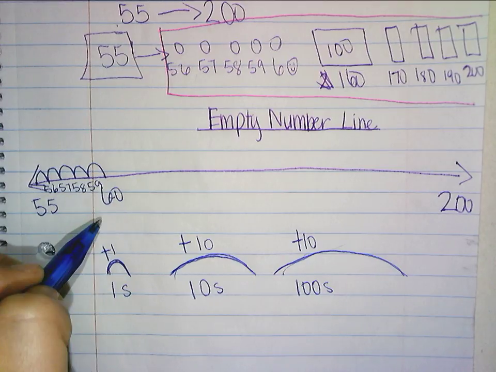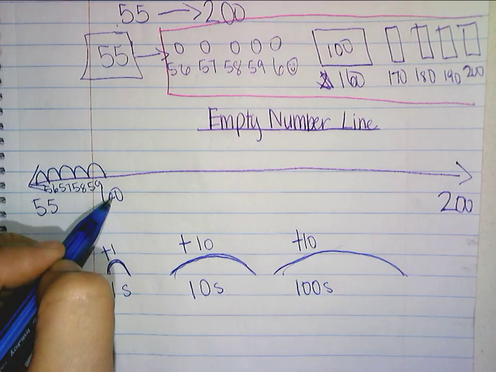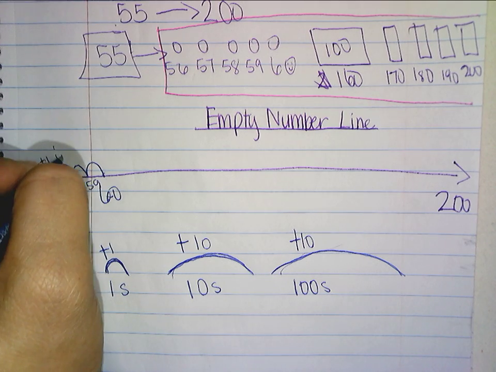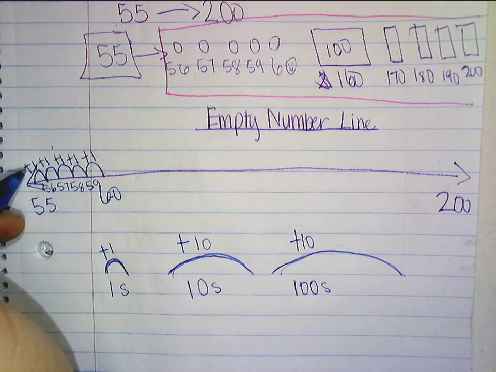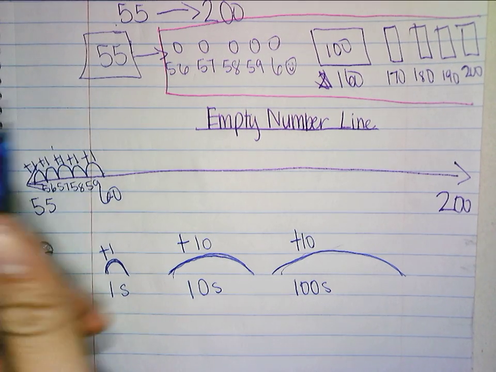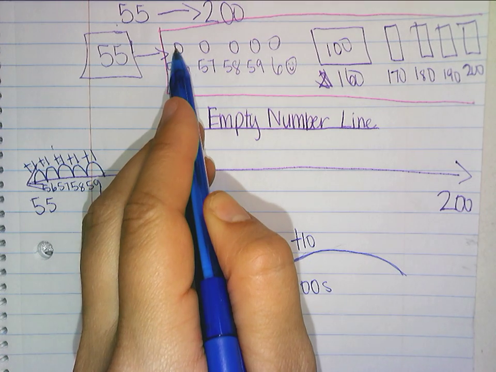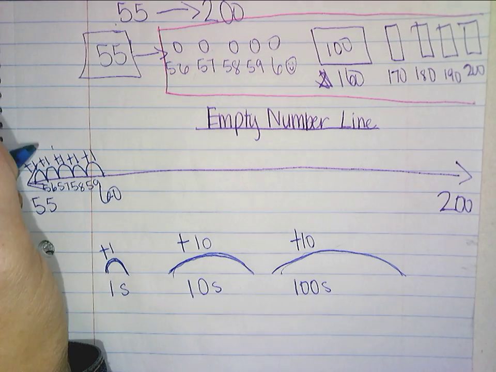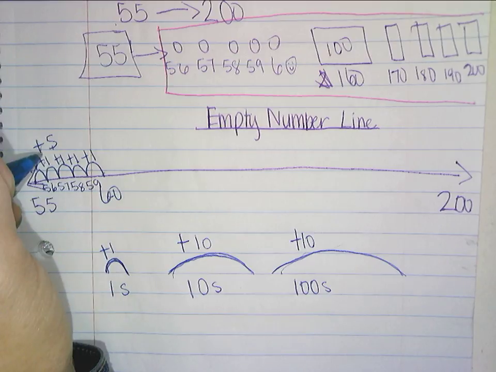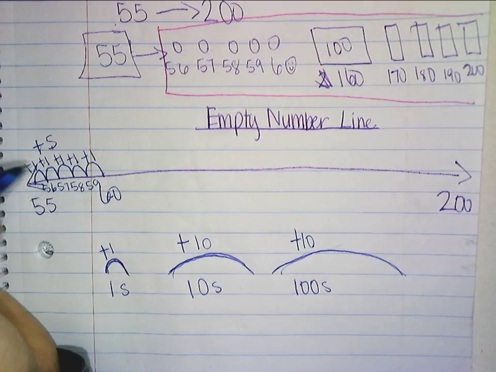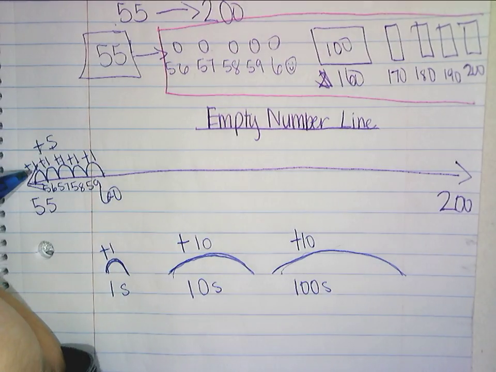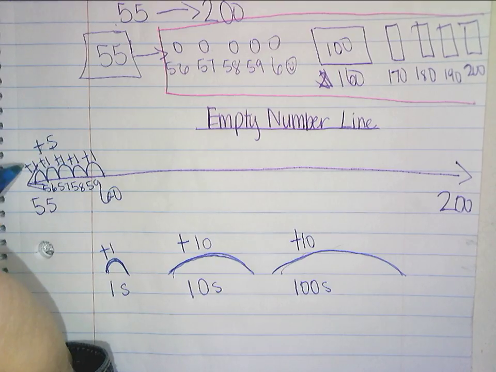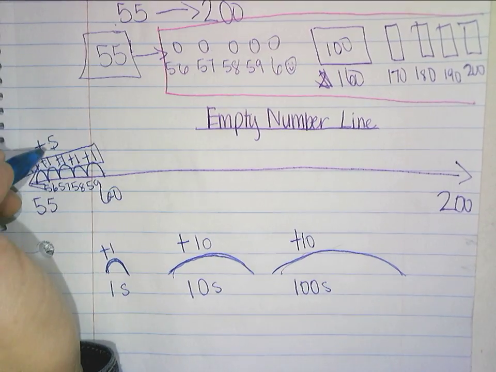It's really hard to see that right there, so I just like to go 60, and up here I do +1, +1, +1, +1, +1, 5 times, because you counted 5 ones up here. Above it, you could just write +5, since it's 5 ones. But you have to do both. Up here, you could do +5 because all of that together is +5.